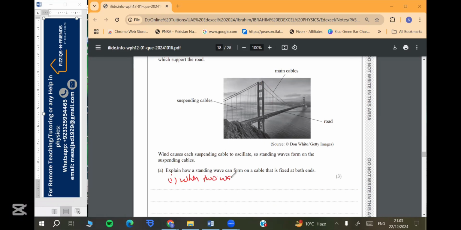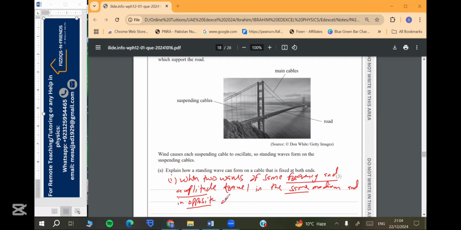two waves of the same frequency and amplitude, this is a keyword, okay? See, frequency and amplitude, you have to remember. Travel in the same medium, and in opposite direction.